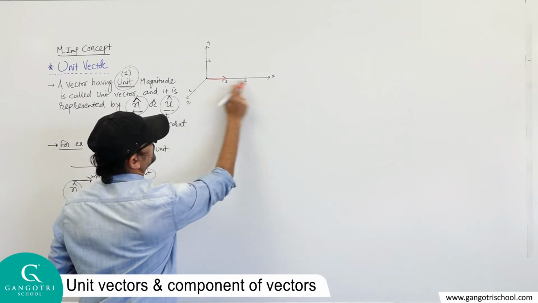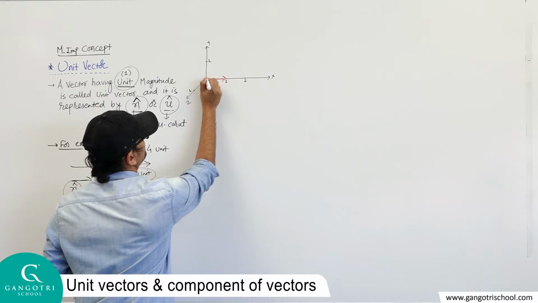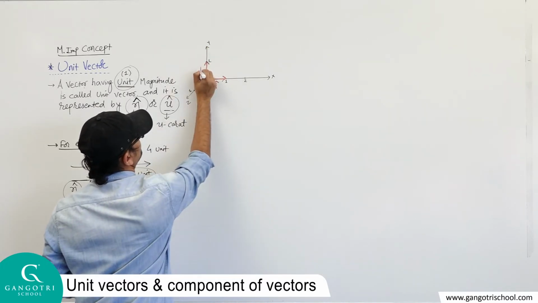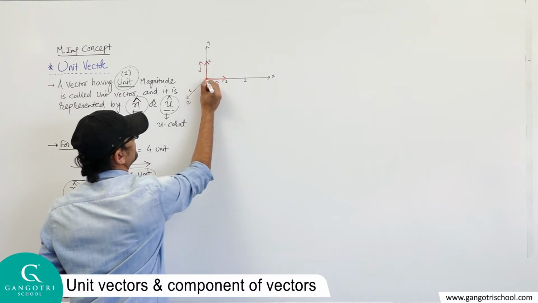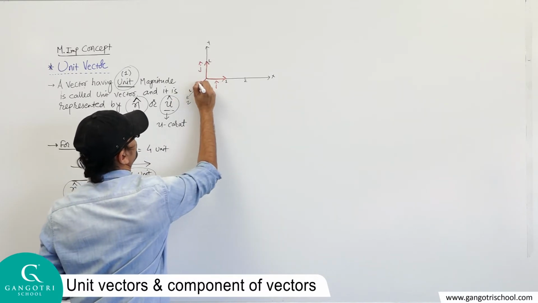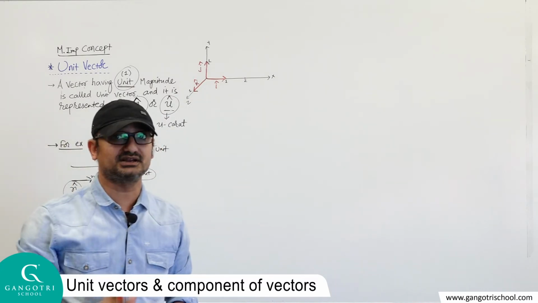Always remember, the unit vector in x direction is represented by i caret. This is also a unit vector, but in y direction, represented by j caret, and this is also a unit vector, but in z direction, denoted by k caret. This is most important, present in every chapter from now onwards.